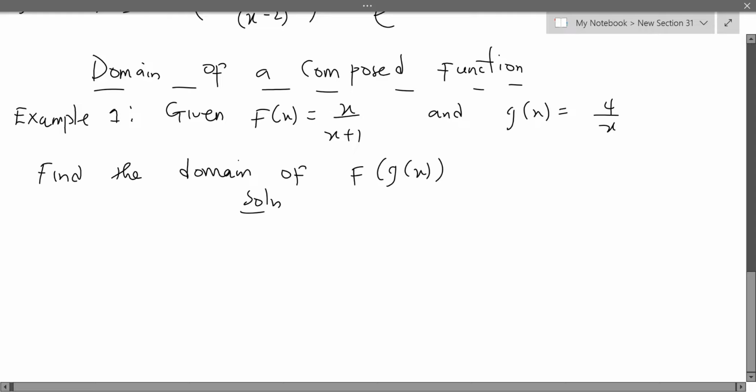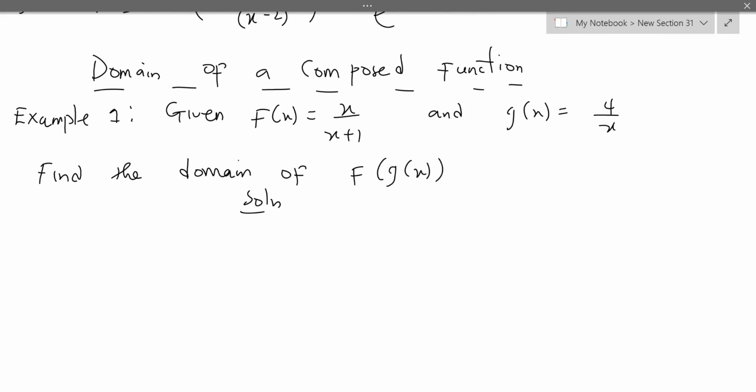Solution. Okay, now how do you find the domain of a composed function? Now pay attention to this. Many of us will just say, okay, let's just compose the function, and from the function we've composed, we now find the domain of that composed function.